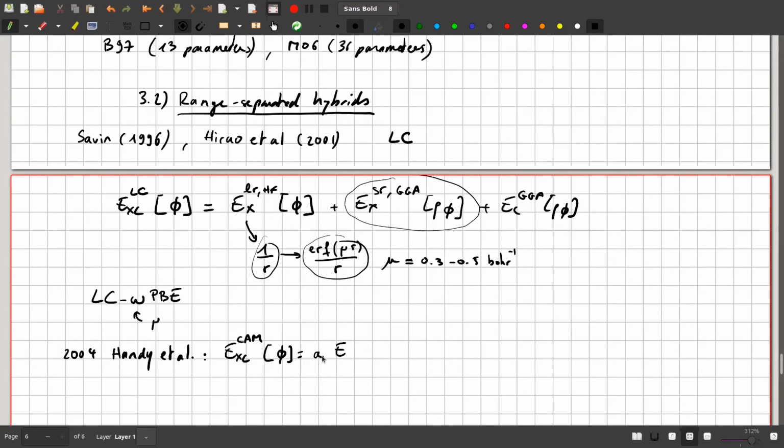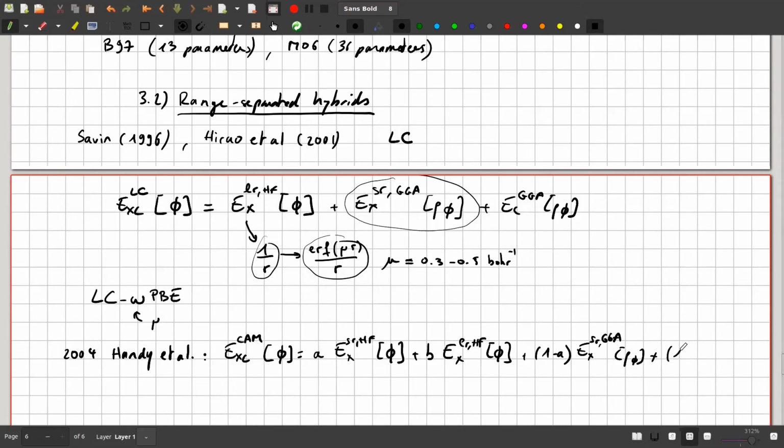They have a fraction a of short-range Hartree-Fock, and then a fraction b of long-range Hartree-Fock. And then they have the complementary DFT part, so 1 minus a for the complementary short-range GGA exchange, and then the complementary, so 1 minus b, long-range GGA. And then the correlation part.